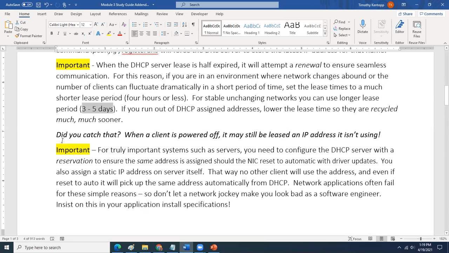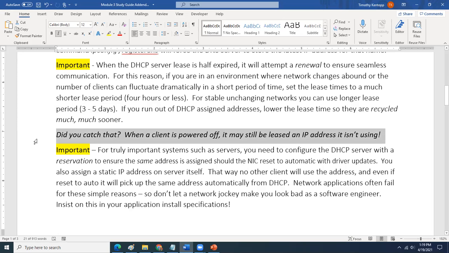In any case, the thing to remember is, as we were closing on Friday, I said, did you catch this? A client is powered off, but it still has a leased IP address. That means somebody else can't use that address. You cannot duplicate the same IP address for different, active devices on the same network. So as a precaution, if somebody's leased and they check out, or they may just leave the environment, they break the Wi-Fi connection because they have to run an errand.